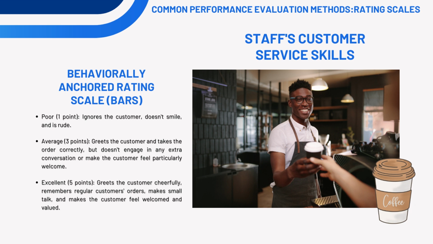So BARS offer more detailed and specific feedback compared to other rating systems, because it's all about describing specific behaviors that relate to job performance. So to sum it up, BARS can provide clearer, more specific, and more actionable feedback to employees about their performance.